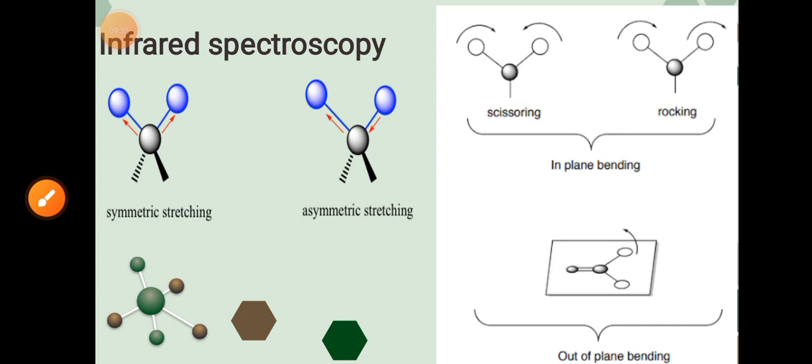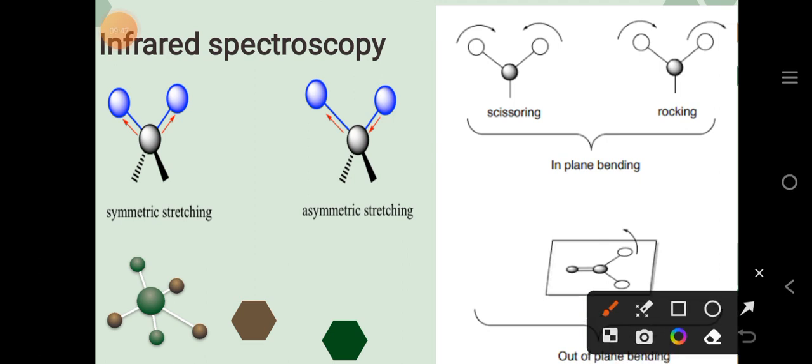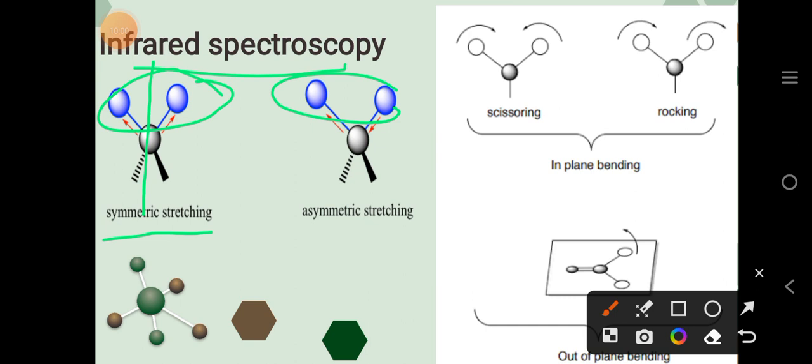Now you will more clearly understand the bond stretching and bond bending phenomena in infrared spectroscopy. Here you can see stretching, here you can see stretching, here you can see stretching. This is symmetric stretching. Symmetry means if you cut something at a certain point, it will divide into equal halves.